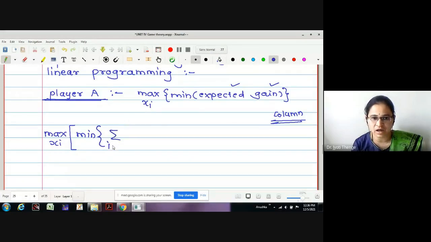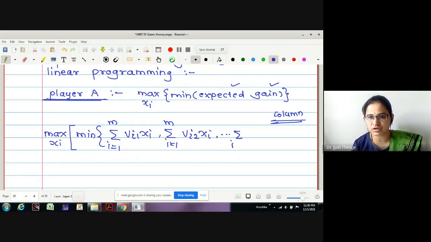Summation i equals 1 to m of vi1 xi, summation i equals 1 to m of vi2 xi, continuing up to summation i equals 1 to m of vin xi. Is that okay?